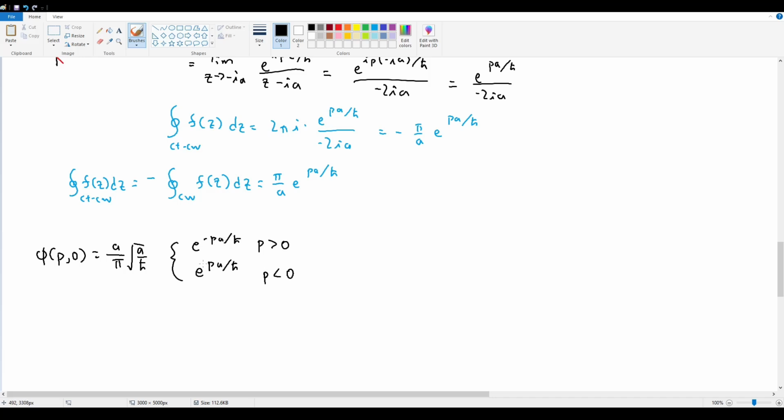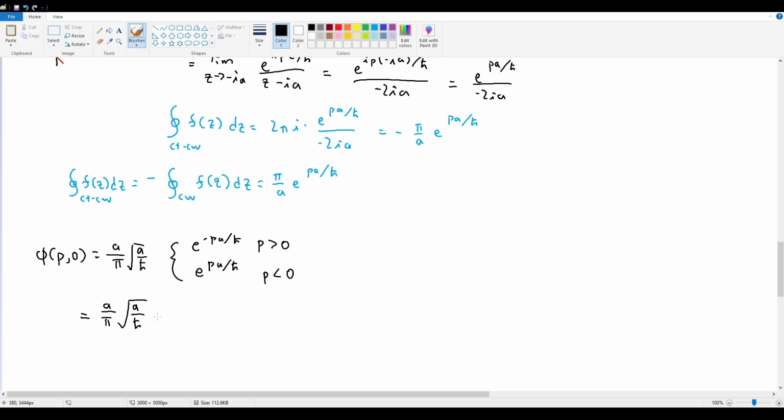If p is less than 0, the overall term is once again negative. So what we require is that regardless of whether p is greater than 0 or less than 0, it has to be negative. One way we can reconcile this and turn this into a single equation is if we used magnitude of p instead of just p. So this is equal to a over pi times the square root of a divided by h bar.